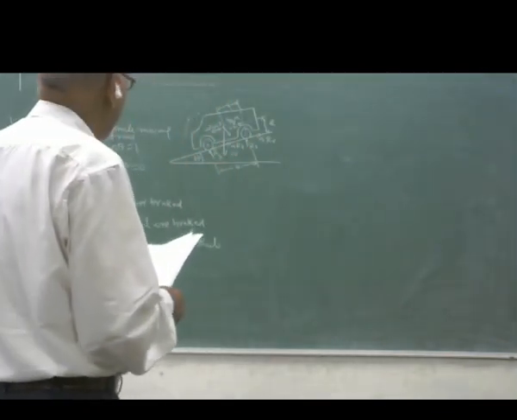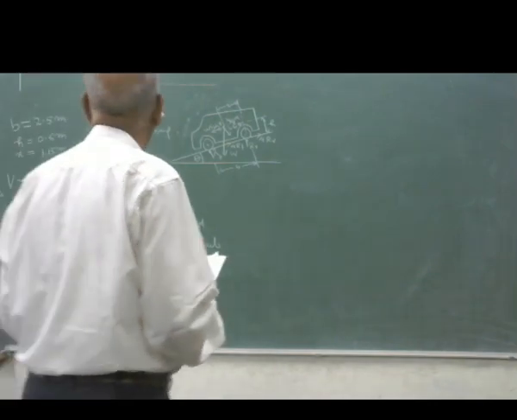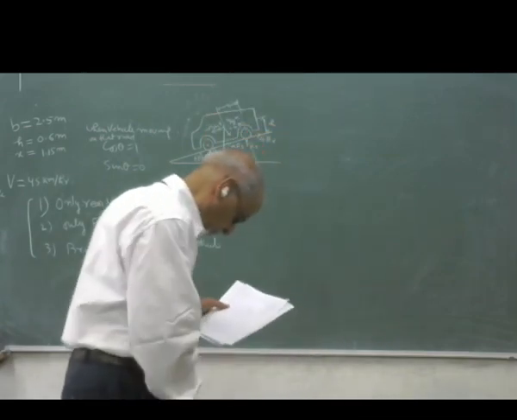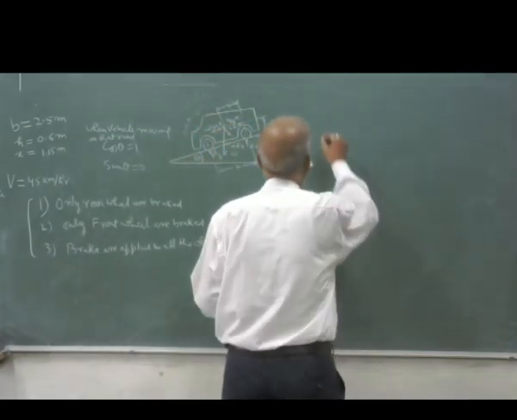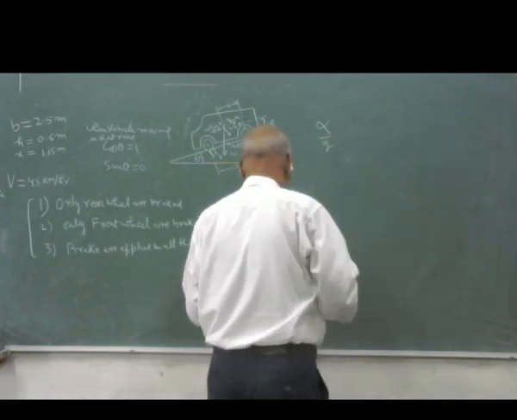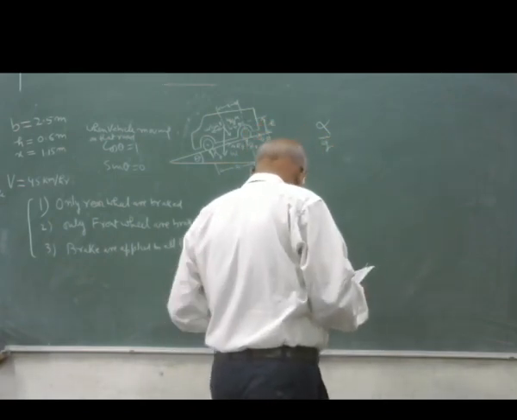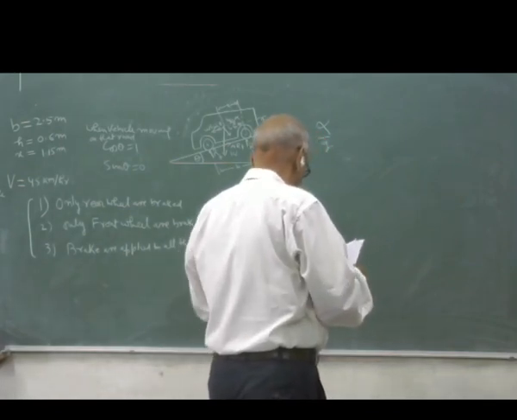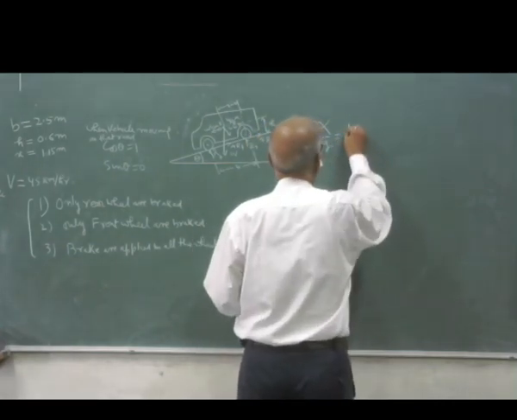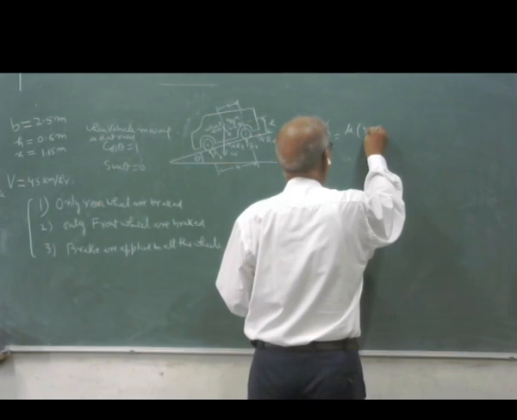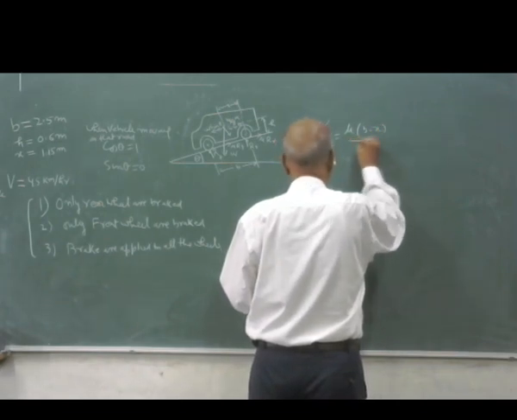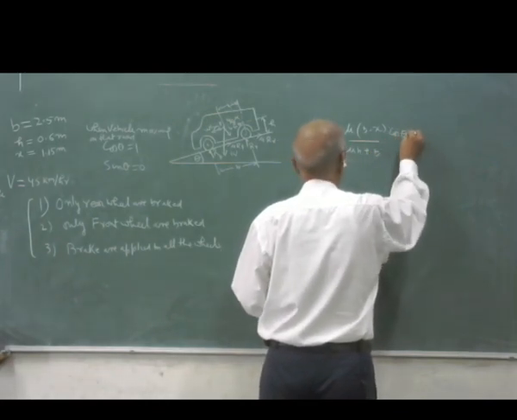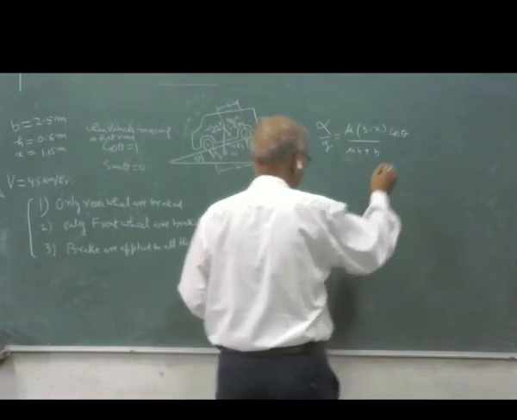Now first part, only the rear wheels are braked. For that we have the formula which we have already derived: alpha upon g is equal to mu (b minus x) divided by (mu h plus b), into cos theta minus sin theta.